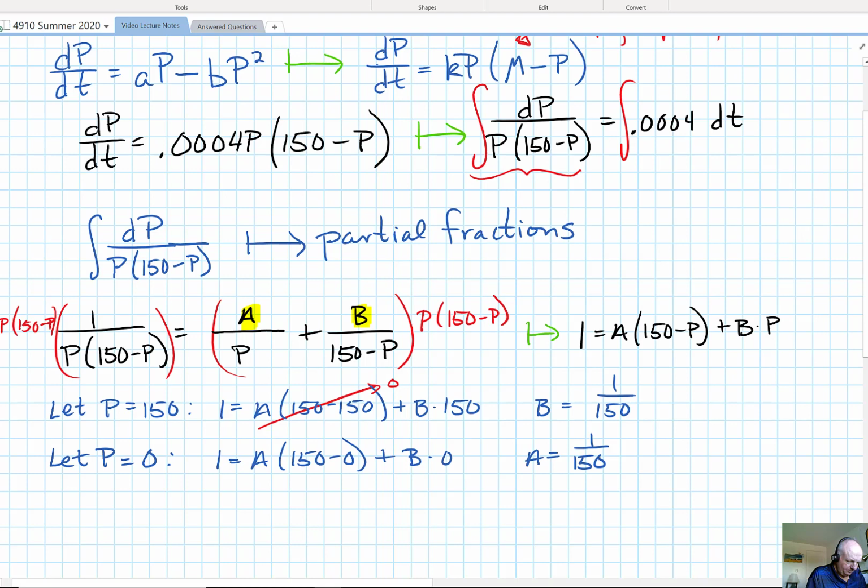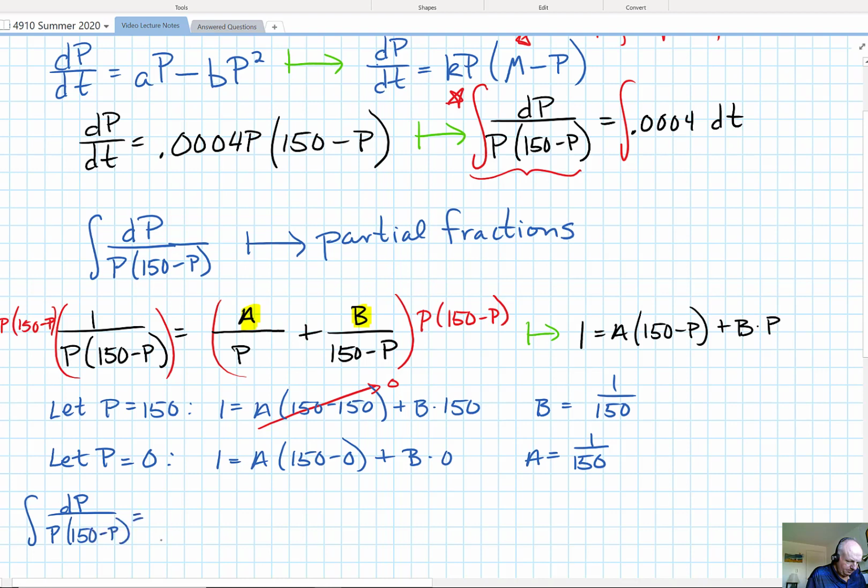So we end up needing to integrate my original integral up here. Let's write it down: the integral of dP over P times (150 minus P).